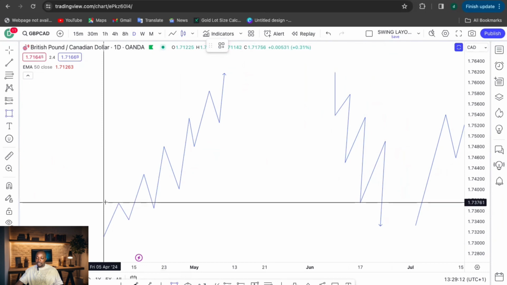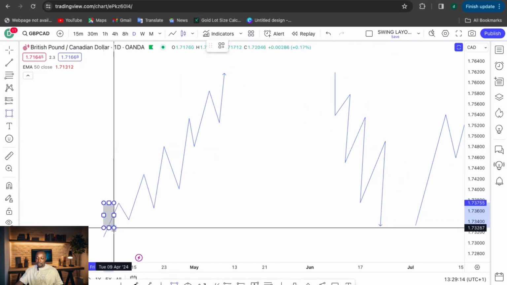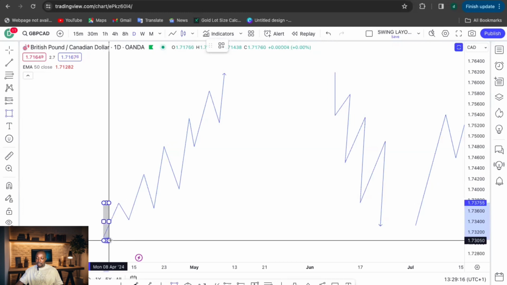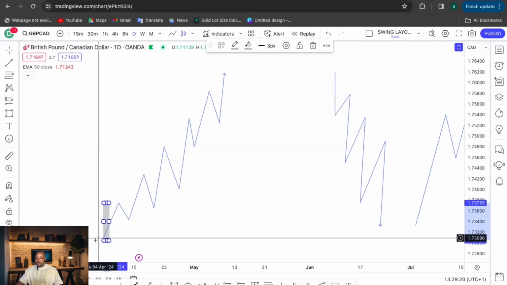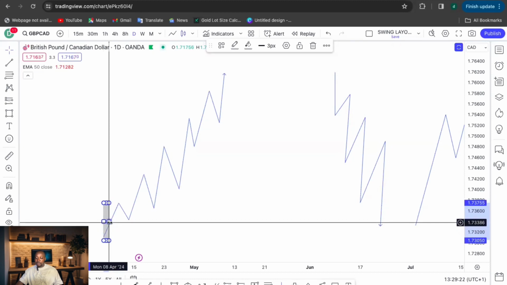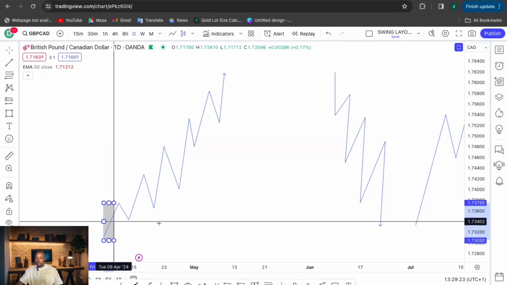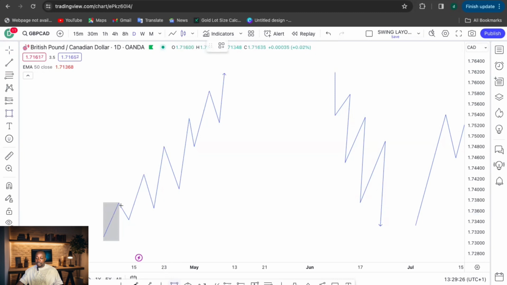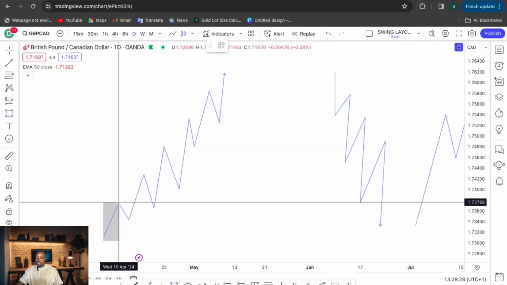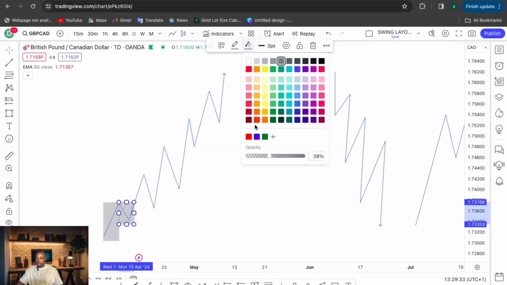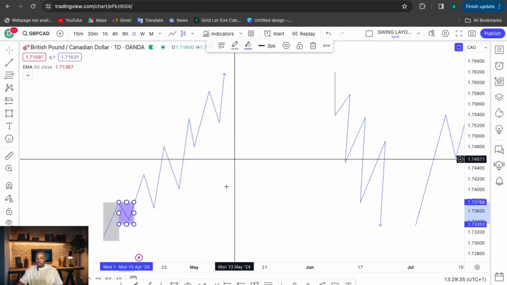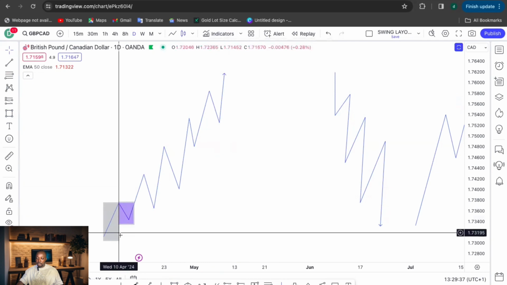If you look at this leg, this is what we call an impulsive leg. Why? You see the volume at which the market used to push up. Now look at the pullback. It's usually small. Let me change the color to blue. Okay, look at the pullback.